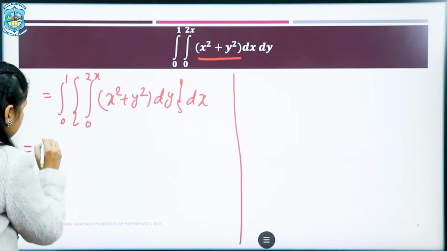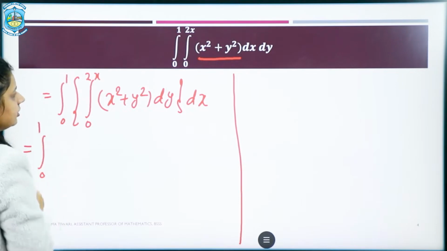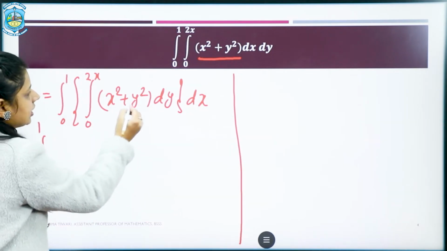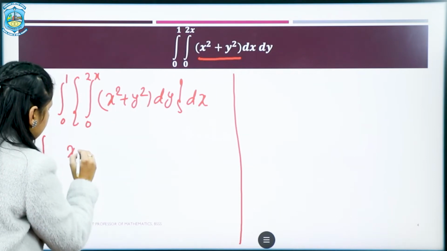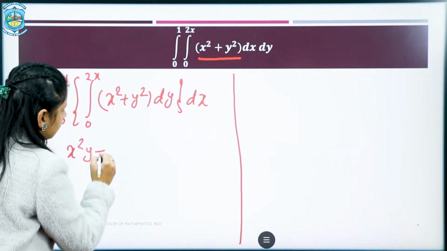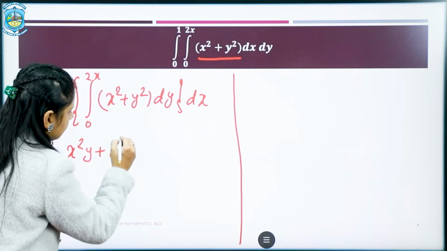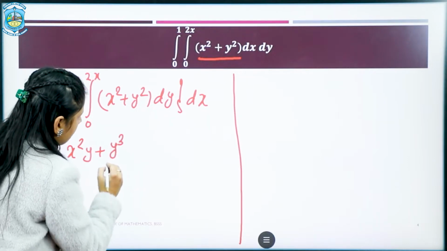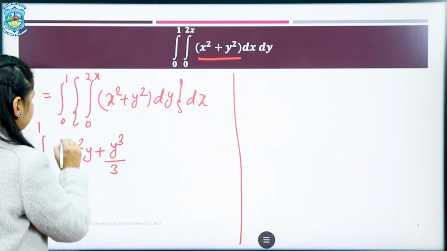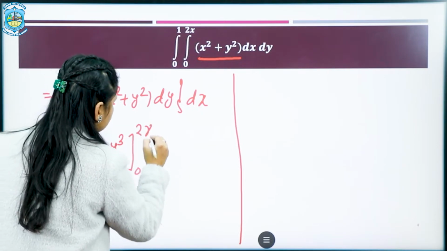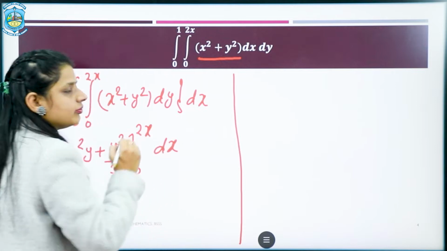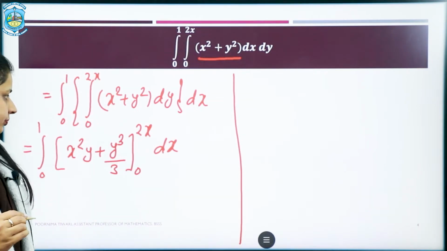When we integrate x square with respect to y, we get x square y, and for the second term y cube by 3. Limits are 0 to 2x, with integration with respect to x.